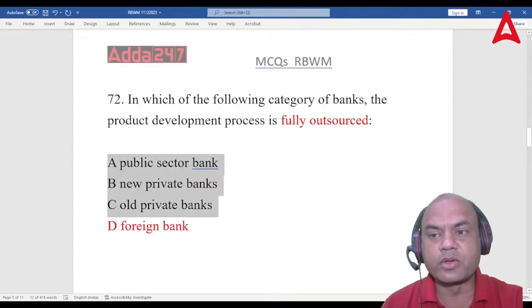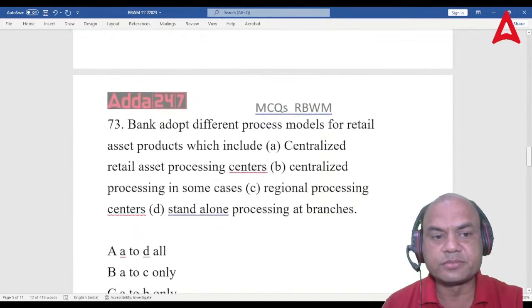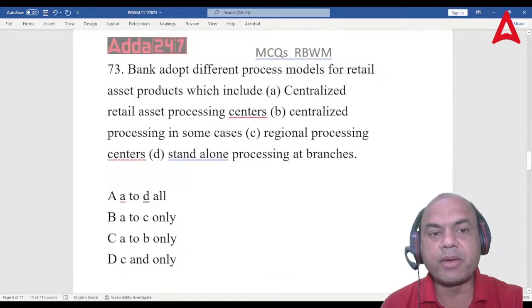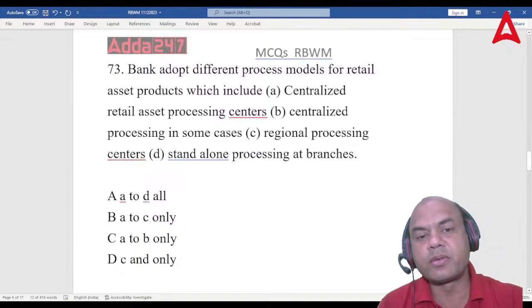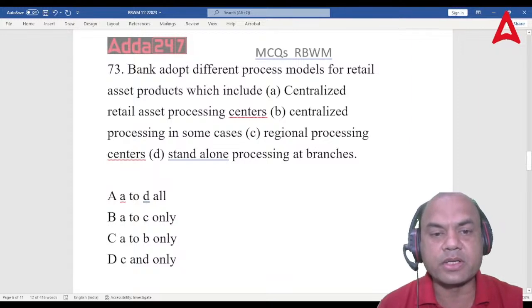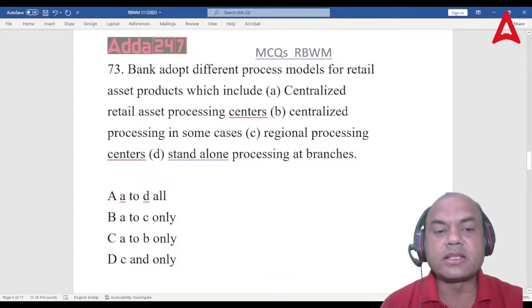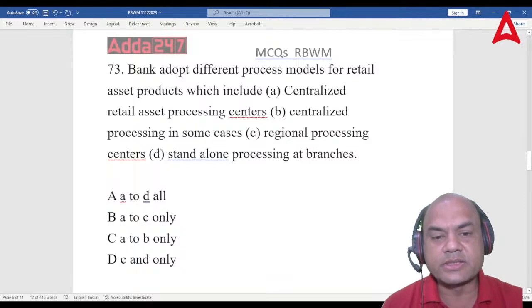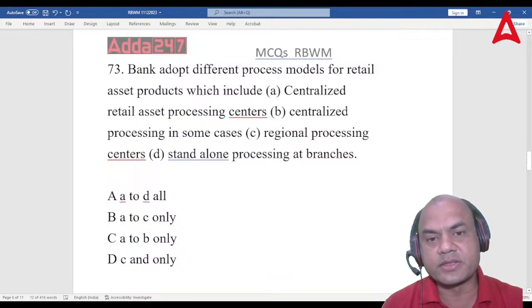Let's move on to the next one. Banks adopt different process models for retail asset products, which include centralized retail asset processing centers, centralized processing in some cases, regional processing centers, and standalone processing at branches.